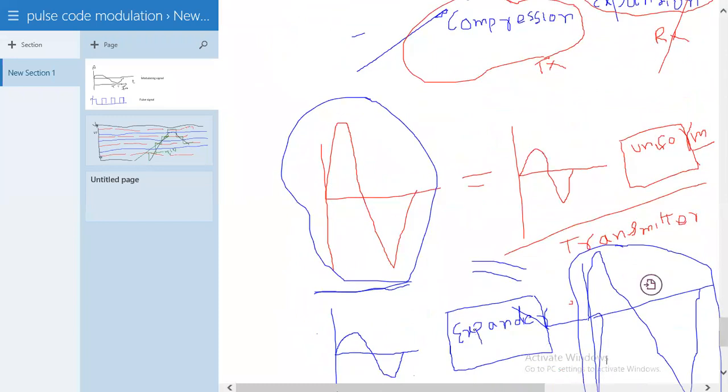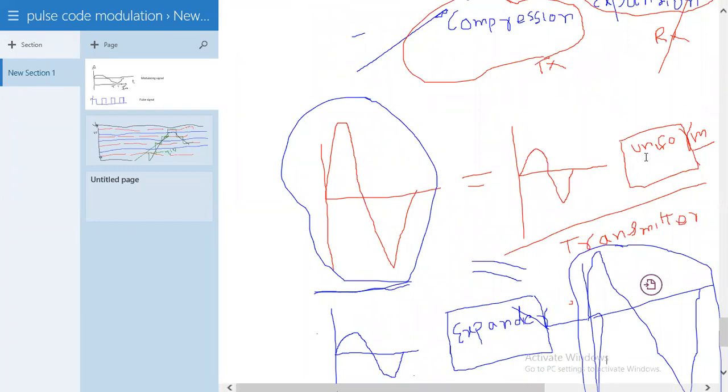If we receive or transmit very large amplitude signals, that signal is first compressed, then we can apply uniform quantization.